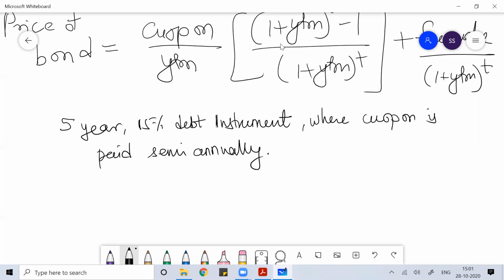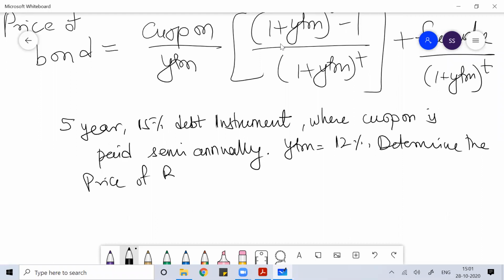Suppose the YTM of the bond is 12%. Determine the price of the bond. Suppose I ask you this question.